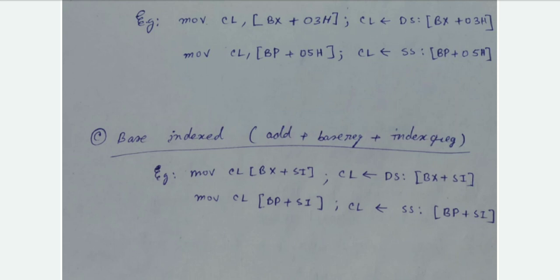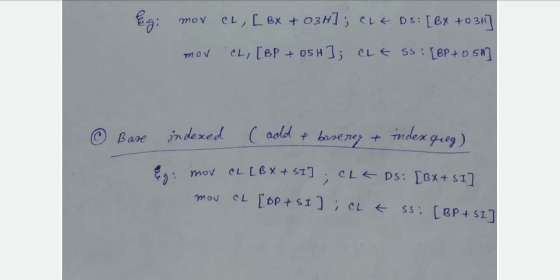Come to the first example, that is MOV CL, [BX plus SI]. That means CL is getting the data from the location of base register BX, under that the location of index register SI.